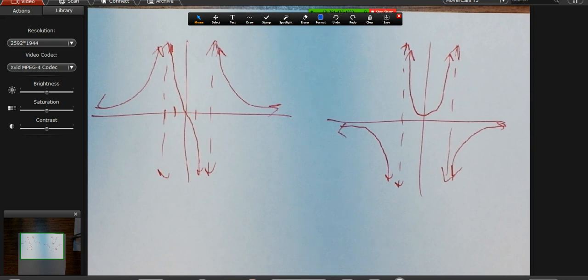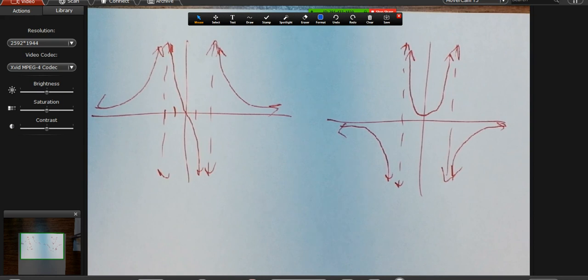If it was down here, I know that that would be reversed. What I'm trying to get at is, on the outside of those 2 vertical asymptotes, it is not really that hard to plug in one number and you know whether the branch is going to be above or below that horizontal asymptote. That's not too hard. The question I have for you is, what's going on in the middle?